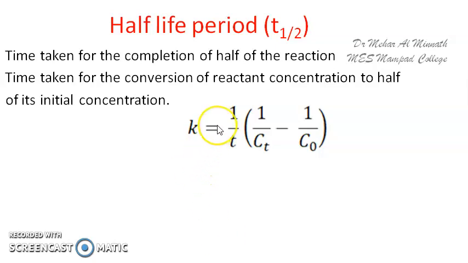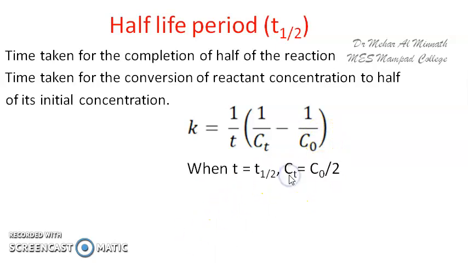And we have the integrated rate expression, k equal to 1 by t into 1 by Ct minus 1 by C0. Here, when t is equal to t half, you can put Ct equal to C0 by 2, because after t half, 50% of the initial concentration of the reactant would have got consumed.